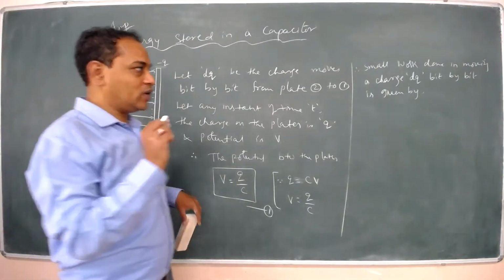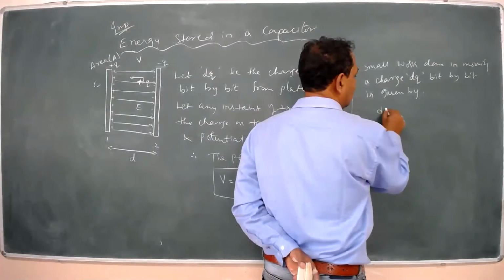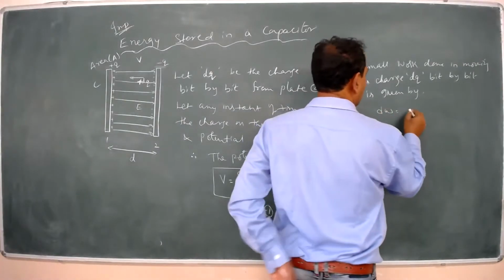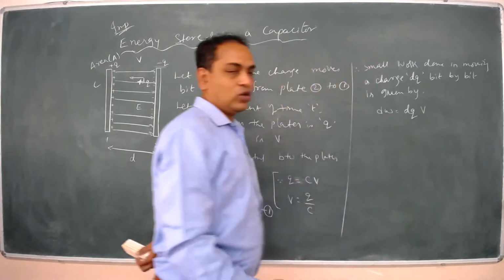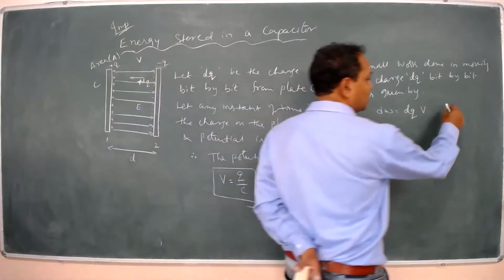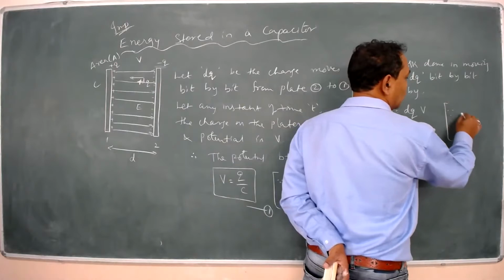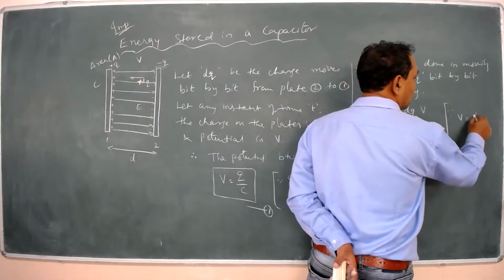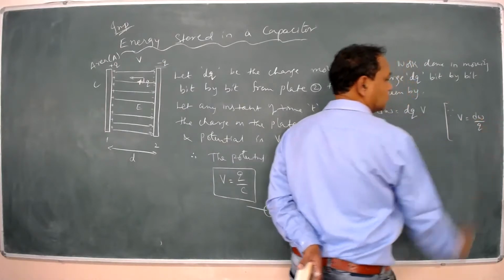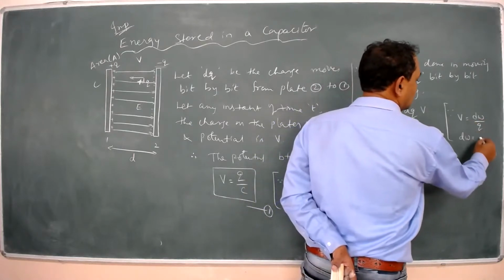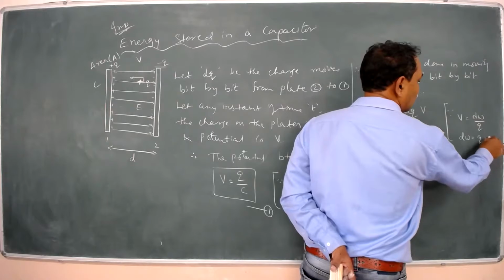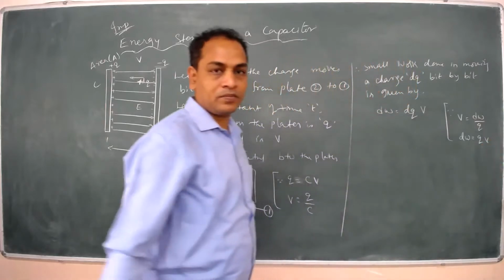Let us say that work is dw, equal to the charge moving, that is dq, into the potential. We know this formula from the definition of electric potential: V is equal to work by charge. So dw is equal to charge into voltage.